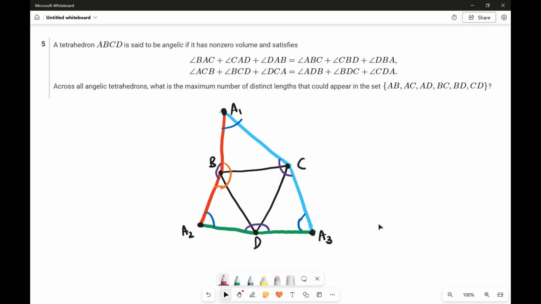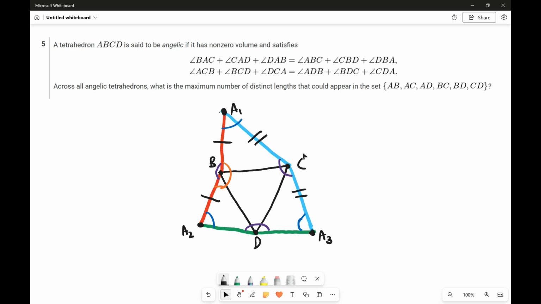With these angle equalities said, let's now solve the problem. So we have that these two angles are equal, as we said earlier, and we also have that these two lengths are equal, and so are these lengths. So that means that these two triangles here, this one here and this one here, are similar to each other.